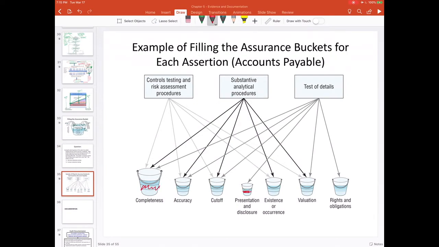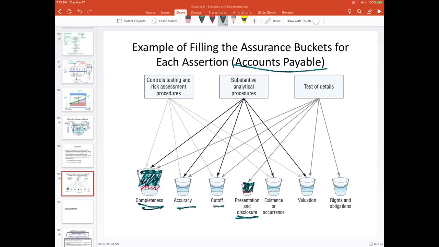So you kind of get the idea. So some of these are going to have less from the substantive tests, and some are going to be more full from the substantive tests. But at the end of the day, what you're going for is for each account and for each assertion within each account, you need a full bucket. And that's sort of what this one is showing. It's showing for AP, for each assertion within AP, you need a full bucket.